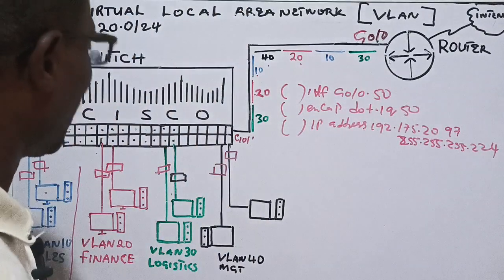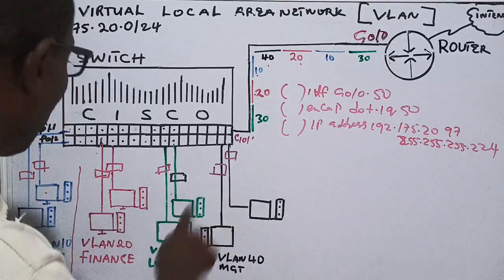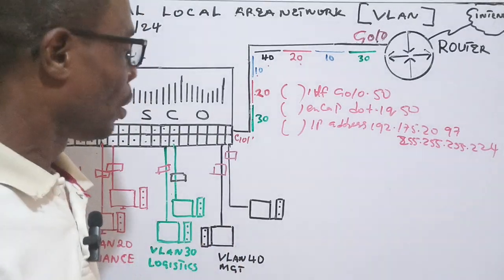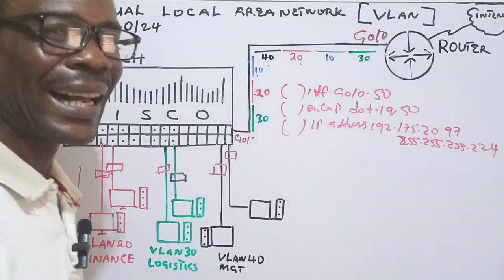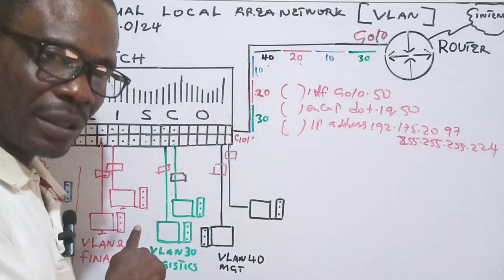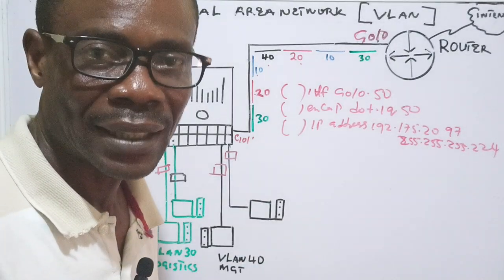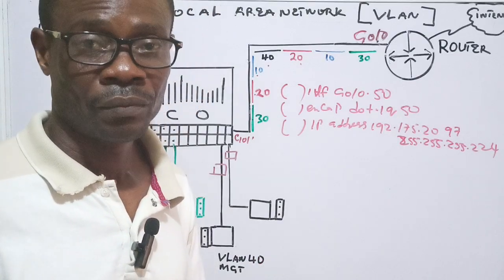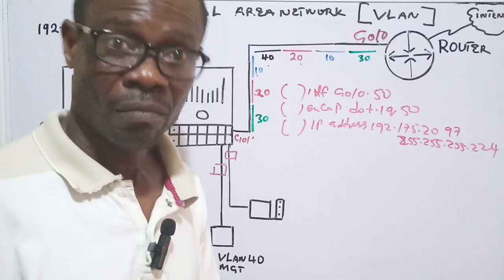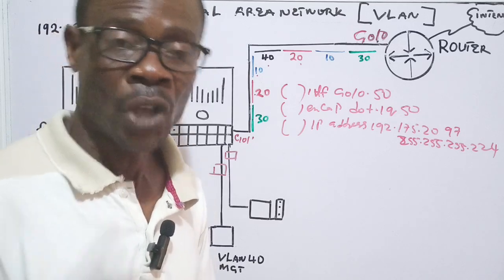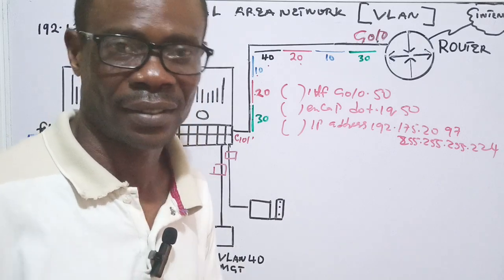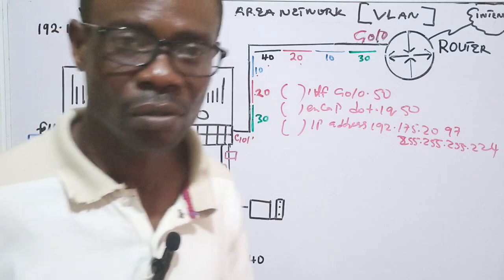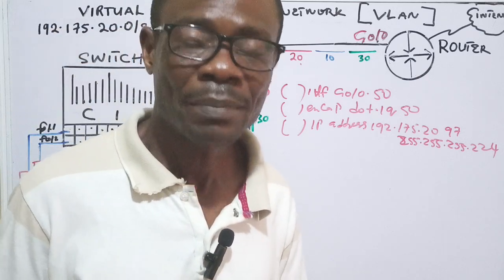I can say, okay, all these departments must not come to the accounting server. I deny every department access to the accounting server except the accounting department. They are the ones that will access their server, so that when there is fraud, the investigation is going to be between the accounting department, not every other department. Unlike when you leave it on a flat network and there is fraud, which department will be responsible?